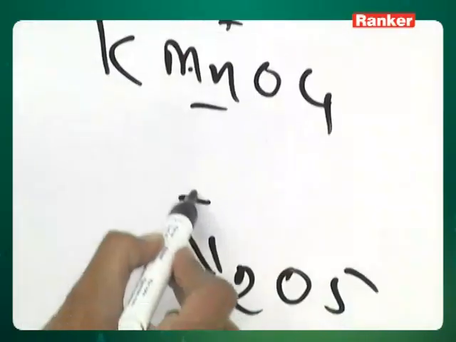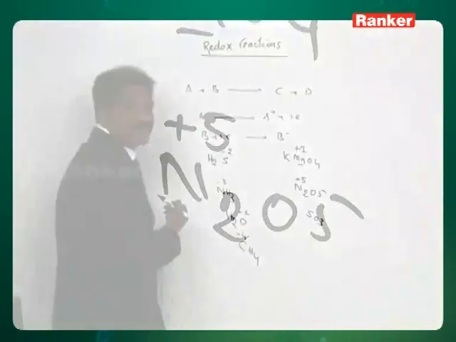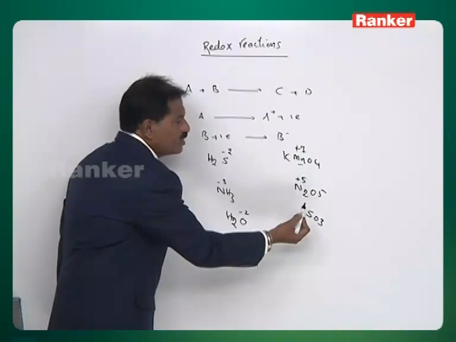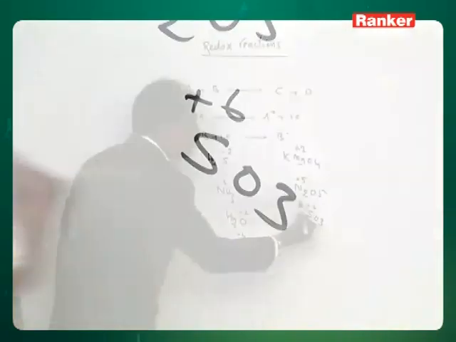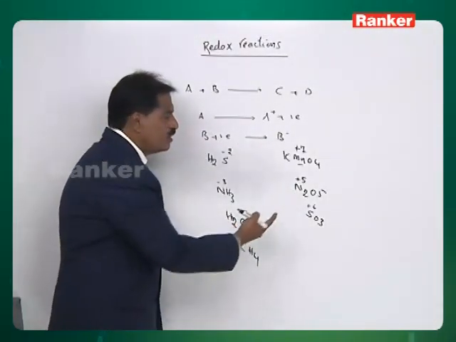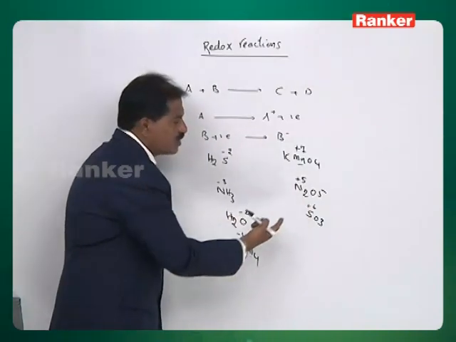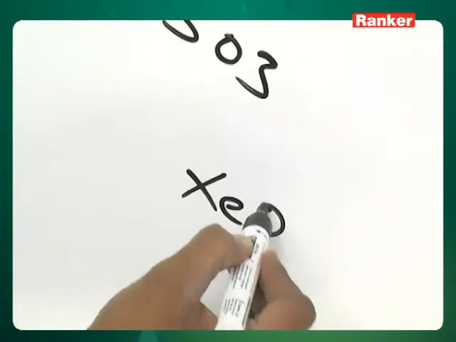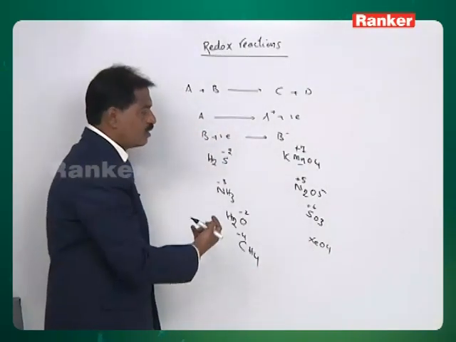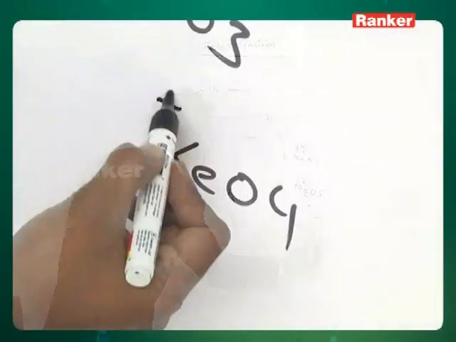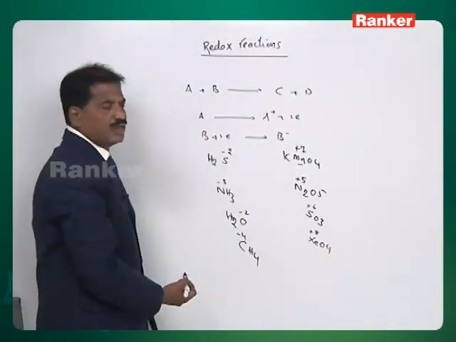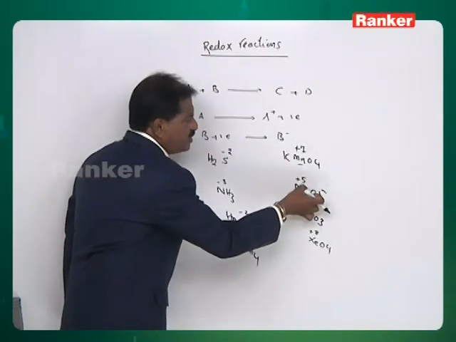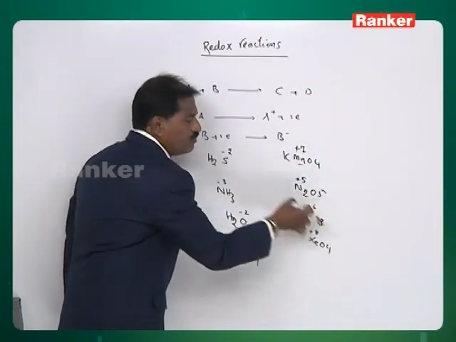Similarly, for nitrogen, the oxidation state here is +5, the highest possible value for nitrogen. For sulfur, the oxidation state is +6, which is the highest possible value for sulfur. Similarly, in XeO4, xenon tetraoxide, the oxidation state is +8. Therefore, when we have a set of molecules, first identify the oxidation state of the central atom in every molecule.